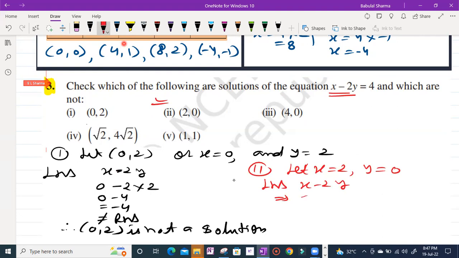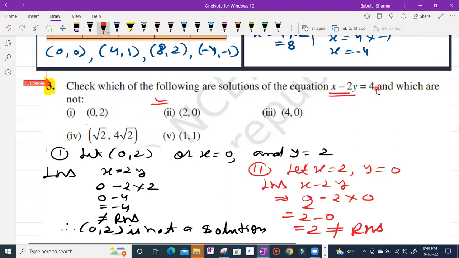In place of x 2 put करिए और y की जगह आप 0 पुट करिए तो देखिए 2 minus 0 that is 2. That is also not equal to right hand side because right hand side is 4. राइट हैंड साइड, अगर लेफ्ट हैंड साइड और राइट हैंड साइड इक्वल होते तो हम कहते दैट इज द सॉल्यूशन.